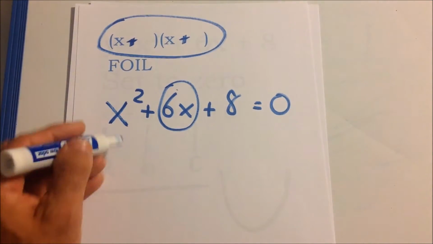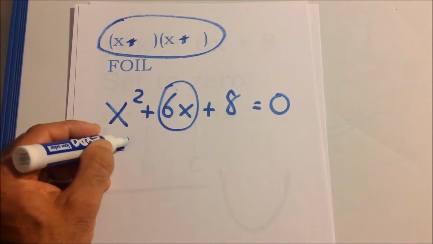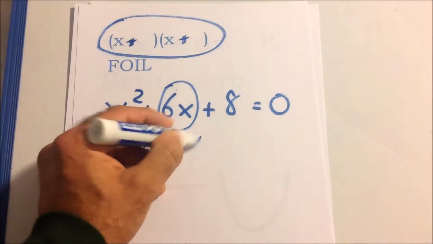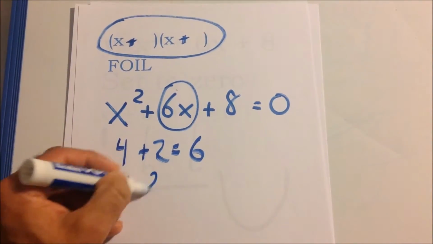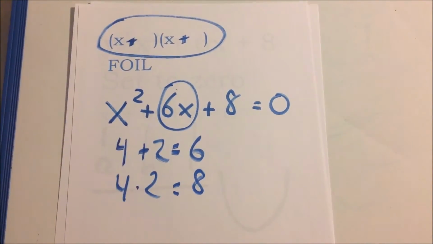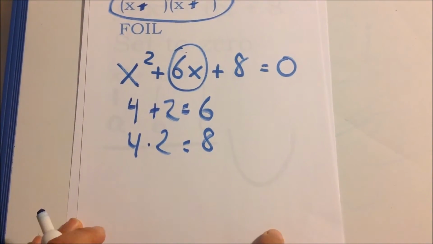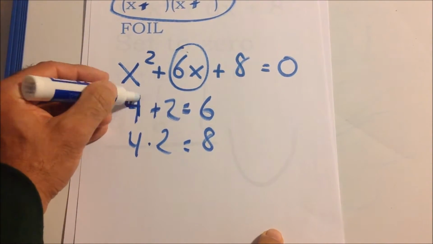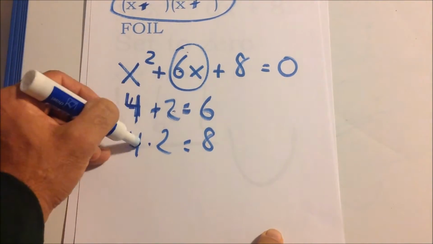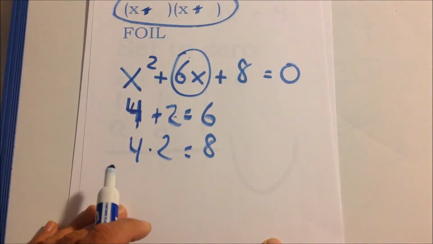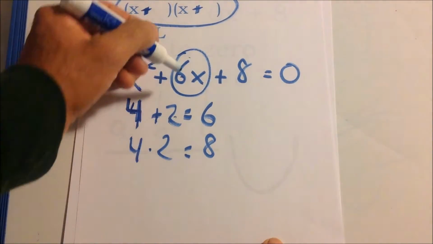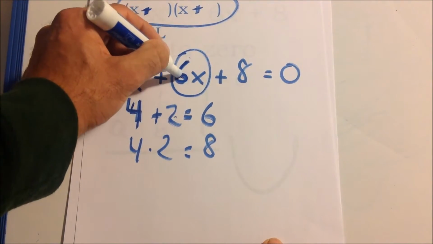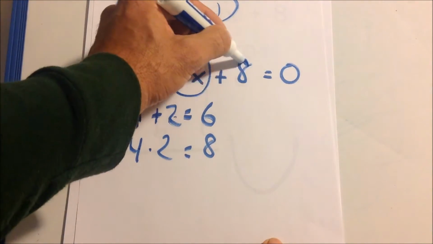For example, I know that 4 plus 2 equals 6, and 4 times 2 equals 8. So let's see if that works. Here are the two numbers, and they have to be the same numbers. 4 plus 2 is 6, and 4 times 2 is 8. So again, you want to know what two numbers sum to B and get the product of C.